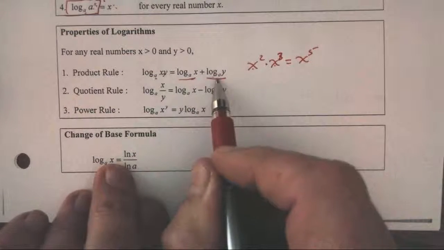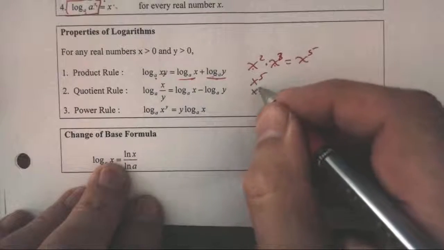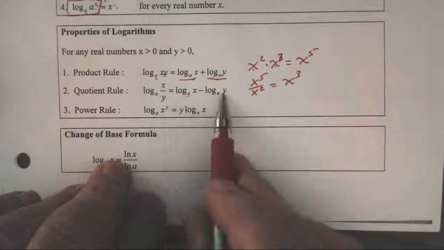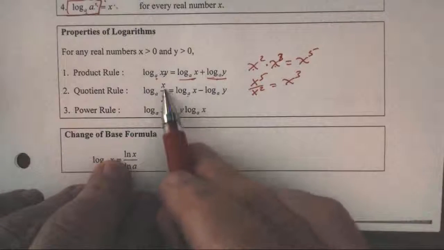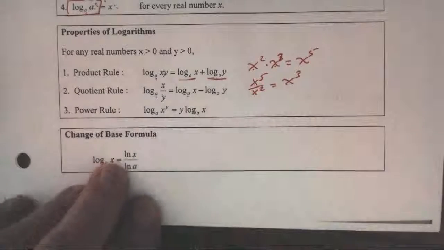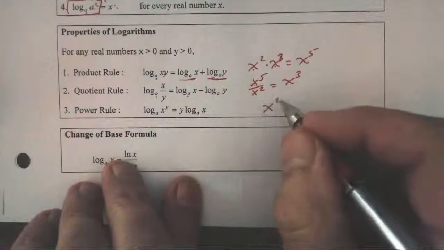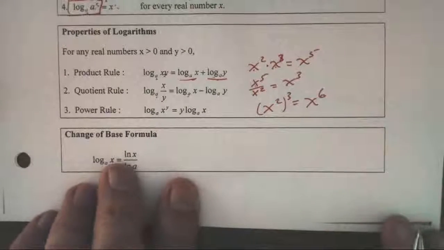We add the exponents. The quotient rule has a lot to do with why x to the fifth over x to the second is x to the third. We subtract exponents. When do we subtract them? When we have a quotient, exponents, common base, common base. And this last one has a whole lot to do with x to the second to the third being x to the sixth, which we're all comfortable with.